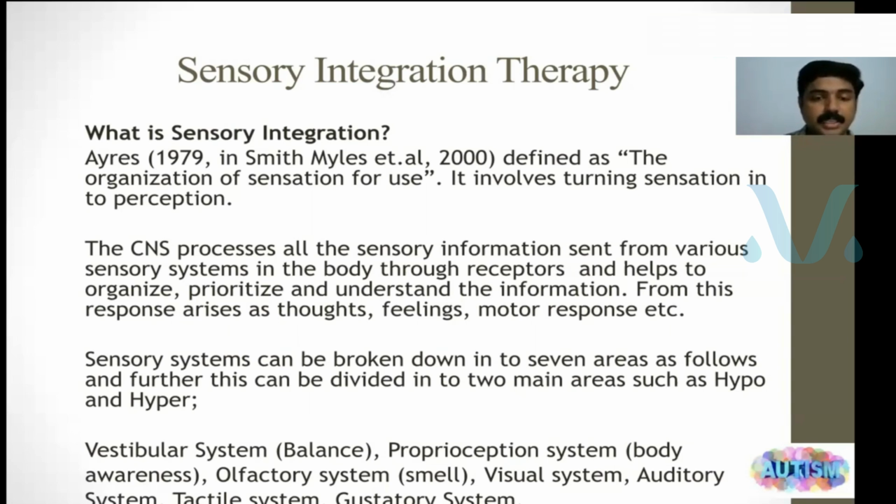Sensory integration disorders come under 7 sensory modalities: the vestibular system, proprioception, olfactory system, visual system, auditory system, tactile system, and gustatory system. There are 2 types of sensory problems, called hyposensitivity and hypersensitivity. Sometimes vestibular hyposensitivity will come and vestibular hypersensitivity will come. Proprioceptive hyposensitivity will come and proprioceptive hypersensitivity will come.